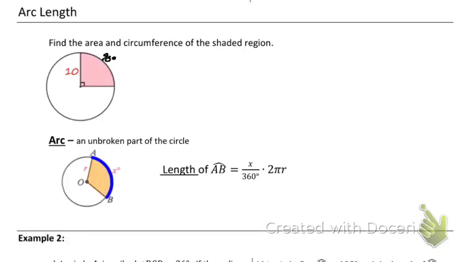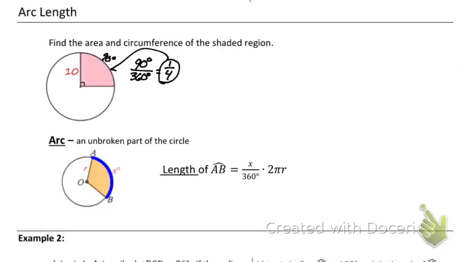What's the total measure around an entire circle? 360. So if I wanted to know how much of this is being taken up, actually, let's do it the other way. I'm going to do 90 divided by 360 so I can get that fraction, which is going to simplify to 1/4.